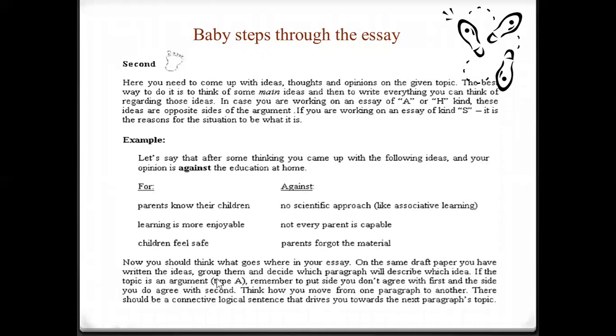Why is it in this form? As the first body is the idea you don't agree with, and the second one is the idea you agree with. The second one is the idea you agree with because it leads to the conclusion. Think how you move from one paragraph to another. There should be a connective logical sentence that drives you towards the next paragraph's topic.